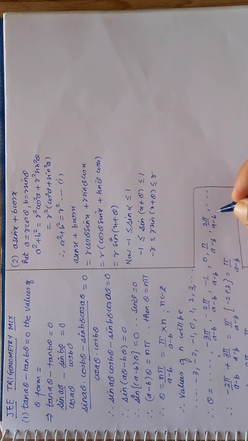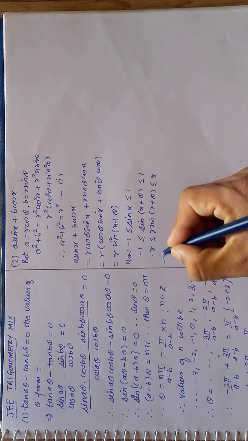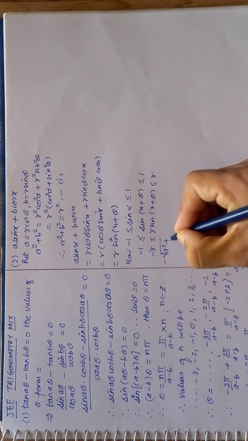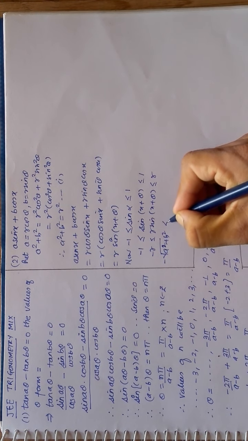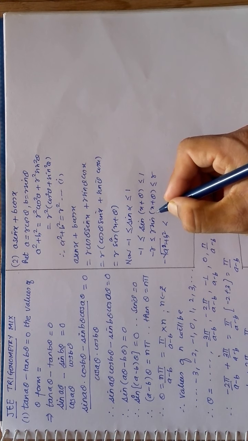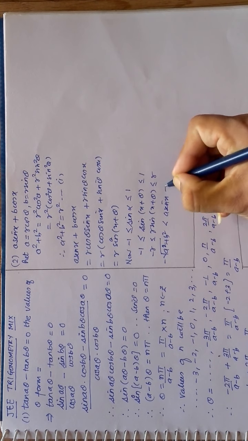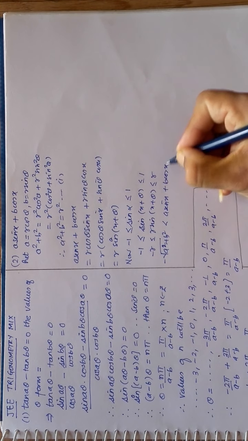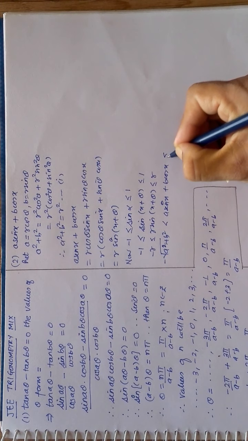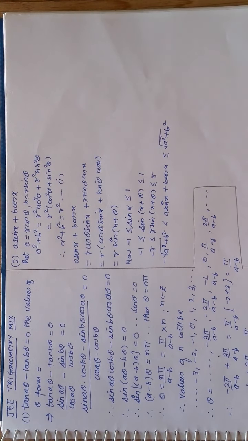So I can say here minus r means minus under root a square plus b square, and this r is your a sin x plus b cos x is less than or equal to under root a square plus b square.